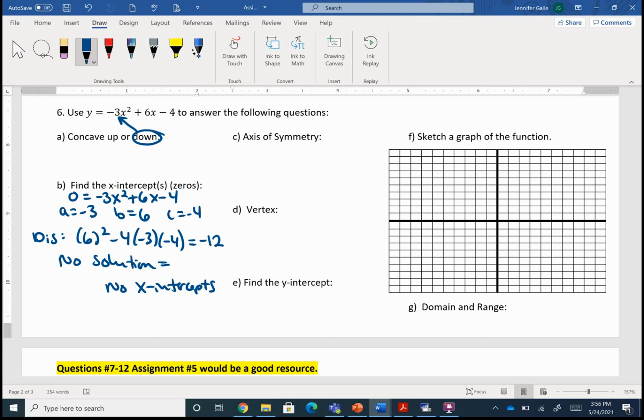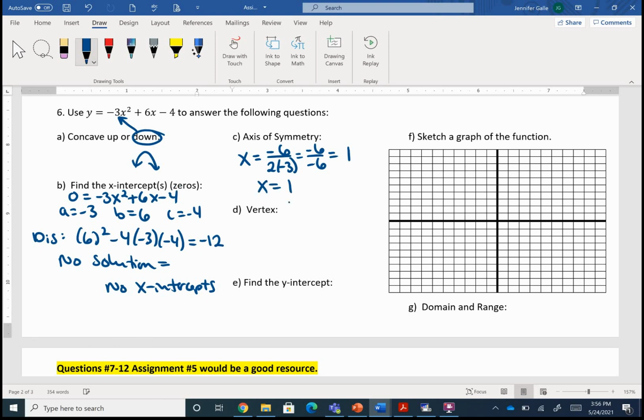Now, just because we have no x-intercepts doesn't mean we can't find the axis of symmetry. It just means that our graph isn't going to touch or cross the x-axis. So axis of symmetry, we're going to do the opposite of b, all divided by 2 times a. Make sure you do the multiplication in the denominator first before you divide.